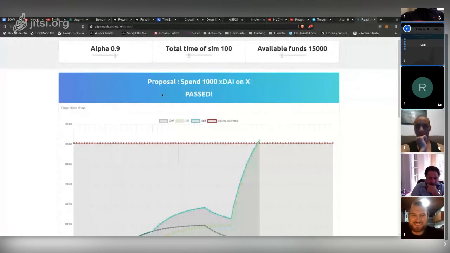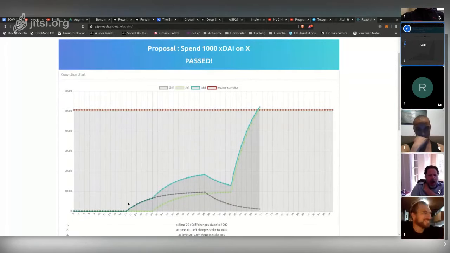Yeah. By the way, for conviction voting, for those of you that haven't heard about it, it is another way to vote on things in which your vote gains power over time.